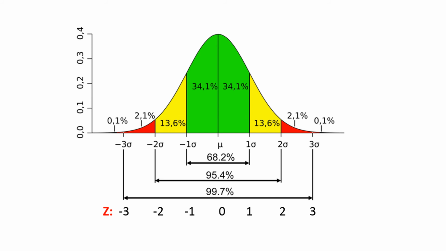For example, if your z-score is 1, that means that you are one standard deviation above the mean. So you performed better than almost 84% of the whole population. Or if your z-score is -1, you performed better than only about 15% of the population, and 85% performed better than you.